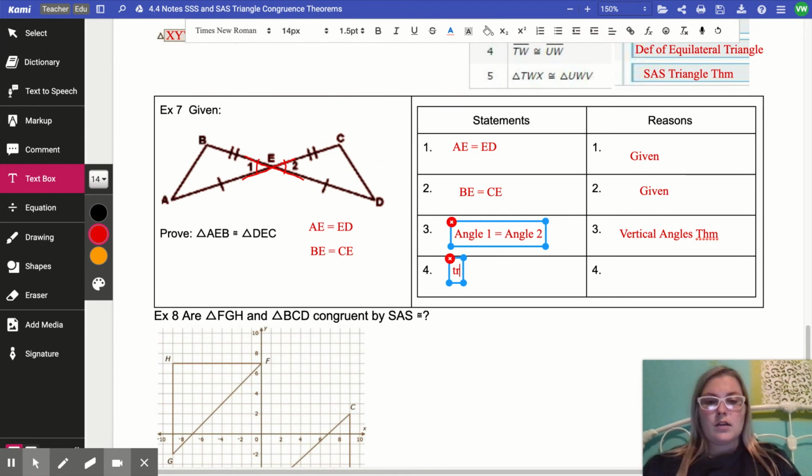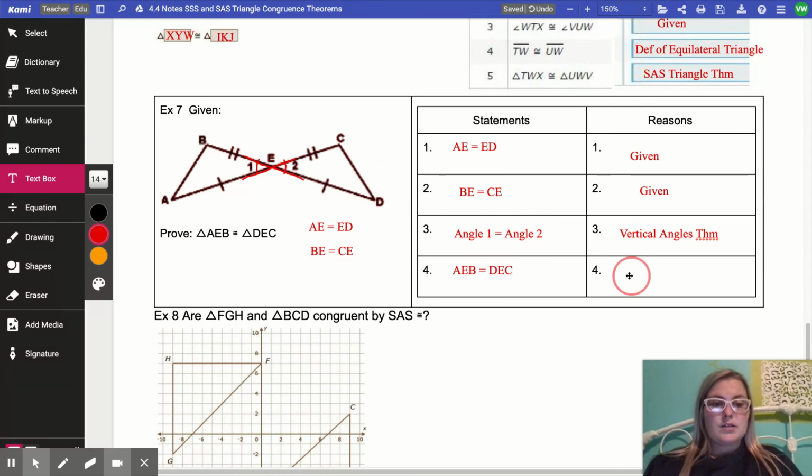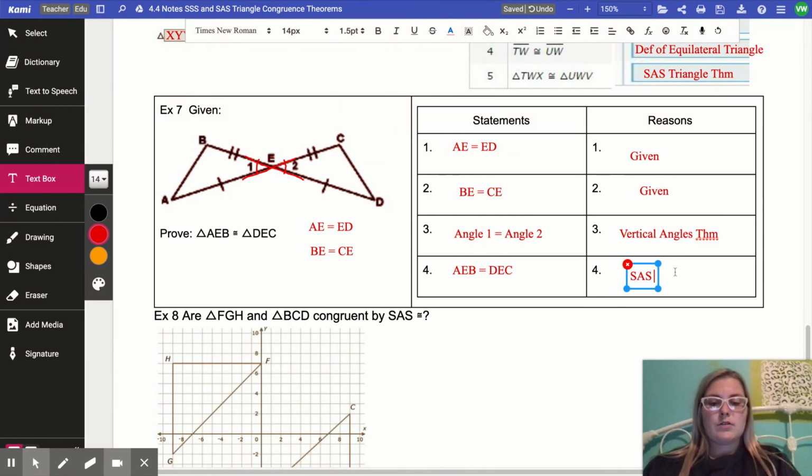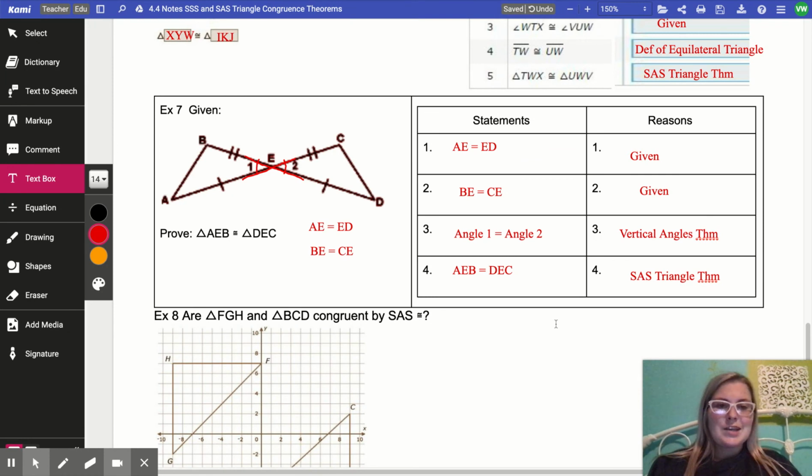So triangle AEB is congruent to triangle DEC, and that's because of the side, angle, side triangle congruence theorem. So that one wasn't as bad. It was a little daunting because it was all empty and we haven't done one like that, but that wasn't awful. Okay.